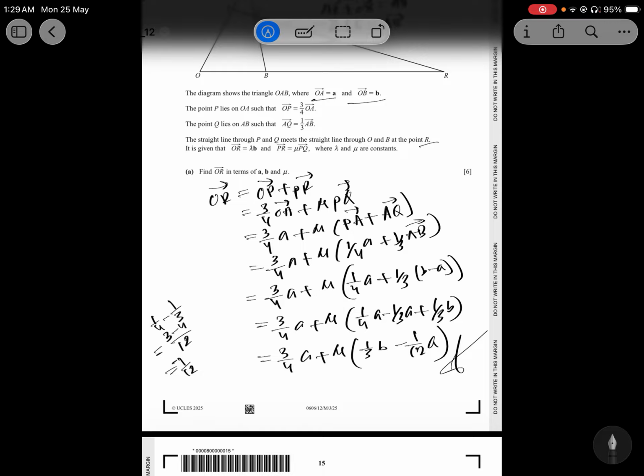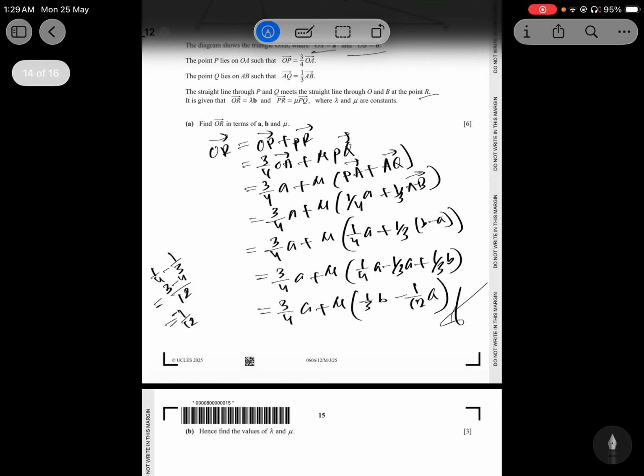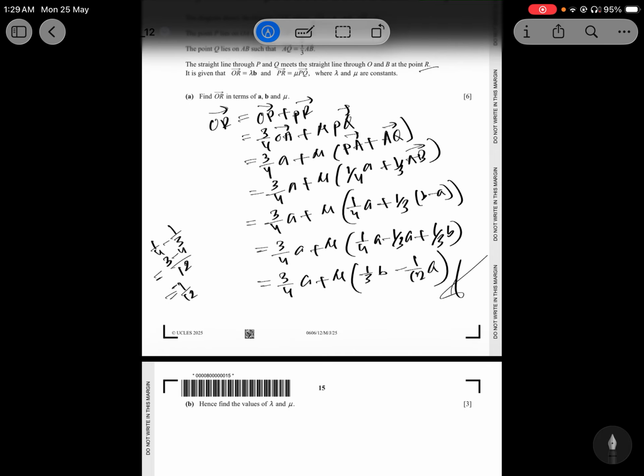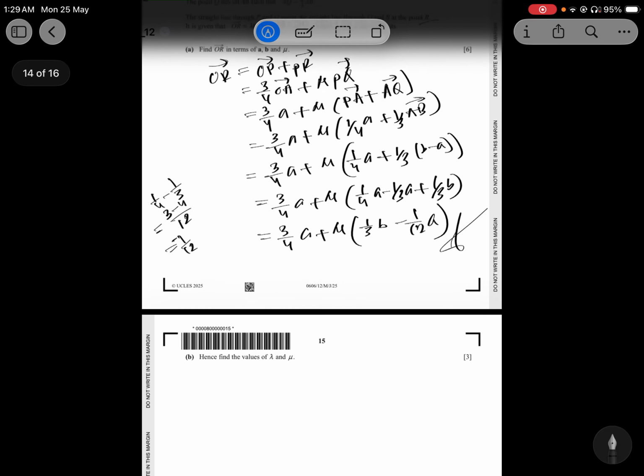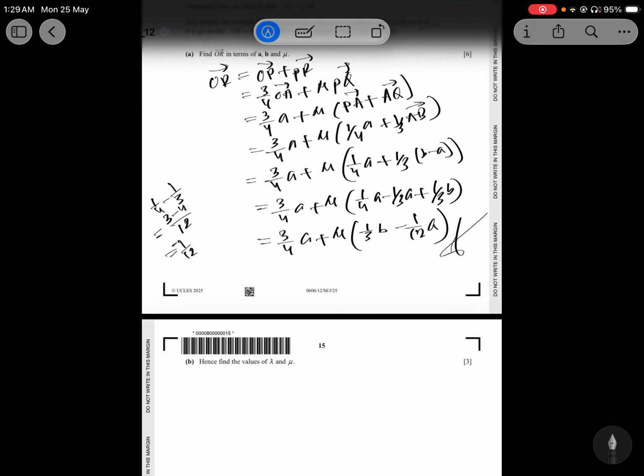OR is lambda B. I can write it down like 3 by 4 minus 1 by 12 mu into A plus 1 by 3 mu B, right?